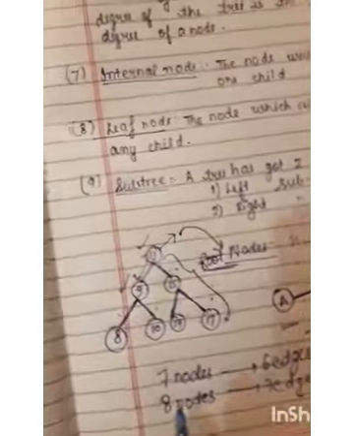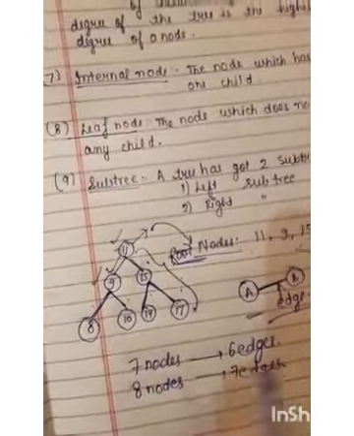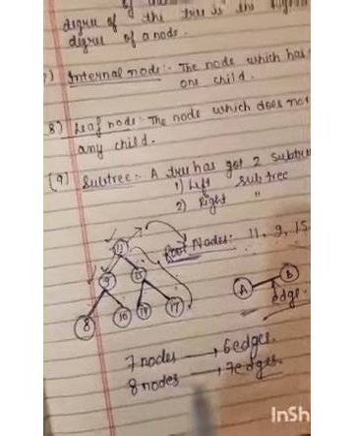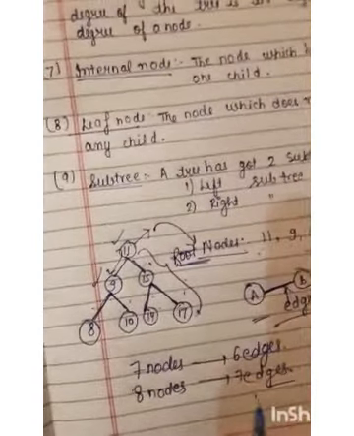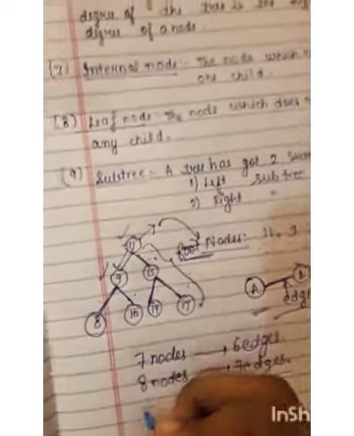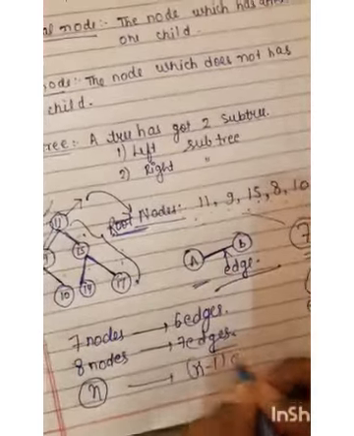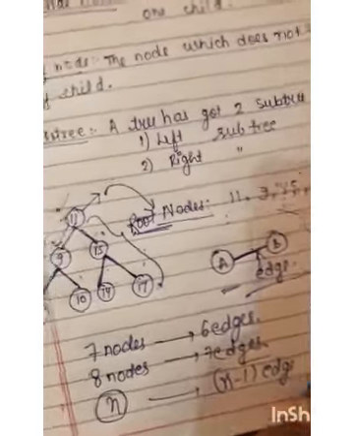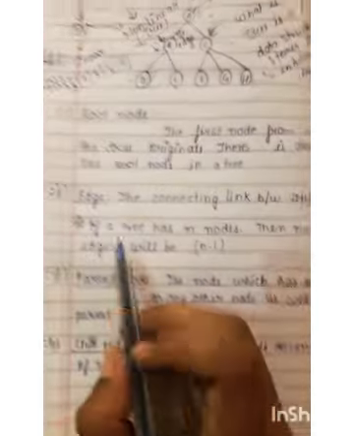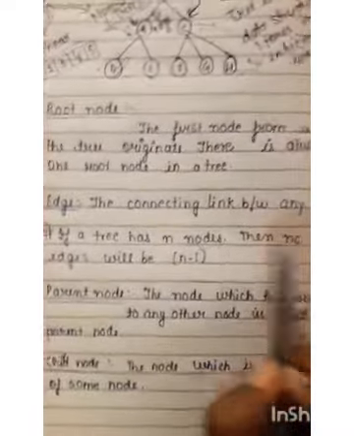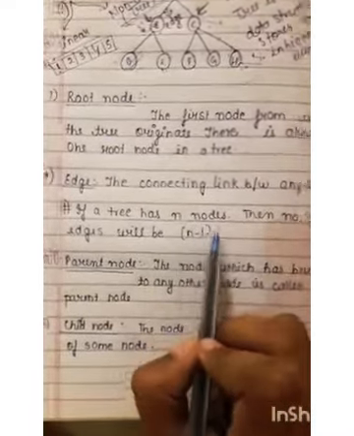If there are 7 nodes, then there are 6 edges. If there are 8 nodes, there are 7 edges. So you understood it correctly: if there are n nodes, then there will be n minus 1 edges in a tree. It is written the same over here. If a tree has n nodes, then the number of edges will be n minus 1.